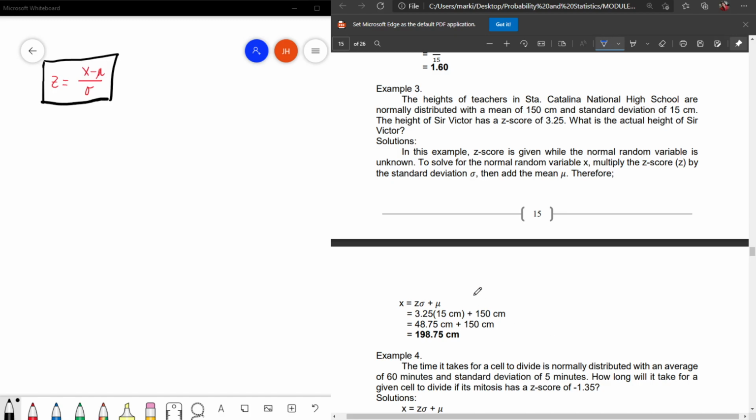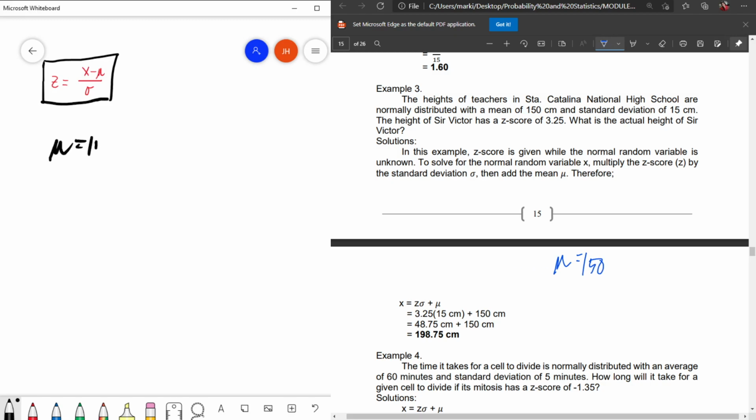The heights of teachers in Santa Catalina National High School are normally distributed with a mean of 150 centimeters. Yes, we're going to write it here: 150 centimeters. Next, the normal random variable is unknown, meaning the normal random variable, that is x, is unknown.